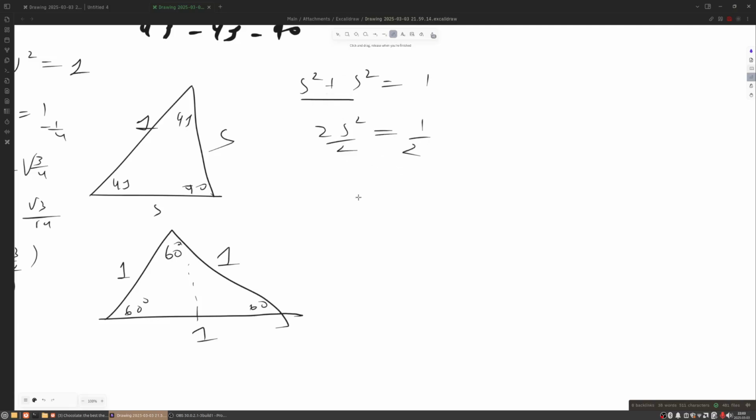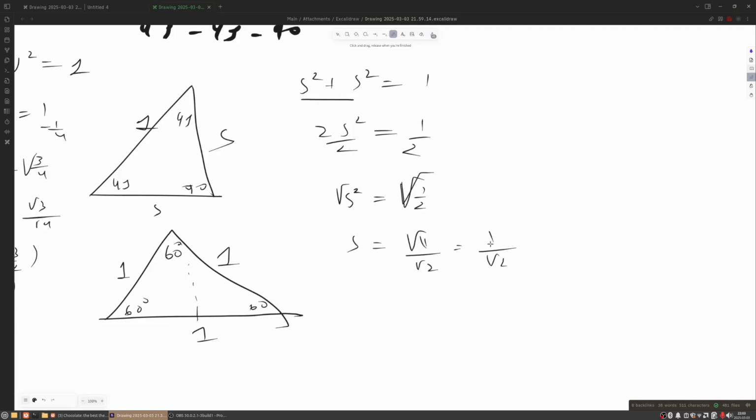We divide 2 by both sides, and we get s squared is equal to 1/2. Now, we square root both sides, and then this will be equal to root 1 over root 2, right? Since we're taking the radical of the top and the bottom, and then we get square root of 1 is just 1, and then we get square root of 2.